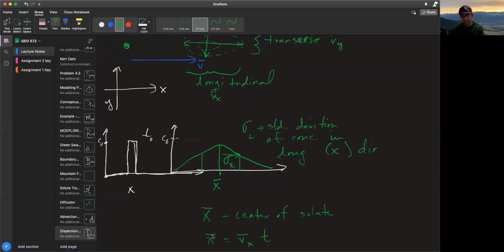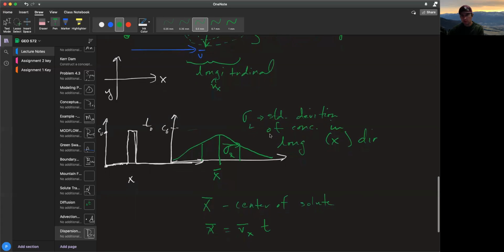All right, so the center of the plume will be at the distance given by the average velocity, but this spreading, sigma L, is due to our random velocities in v sub x.